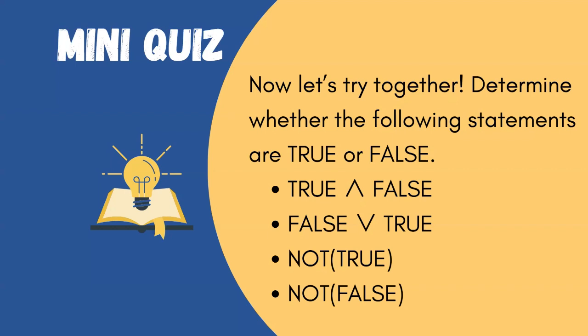Number 2, false or true is true, because the connective "or" is false only if both statements are false. Number 3, not true equals false. And number 4, not false equals true.